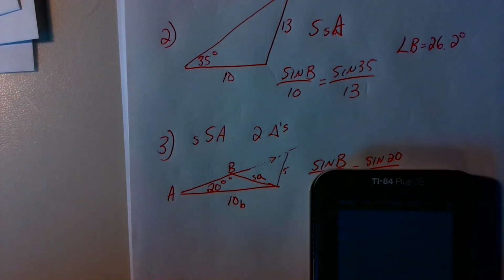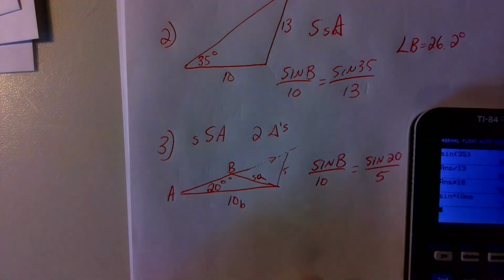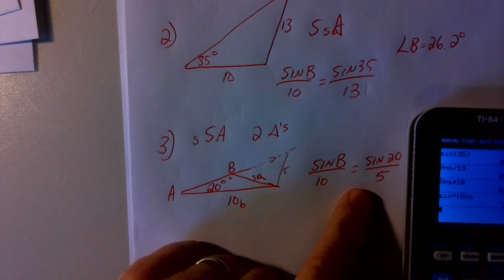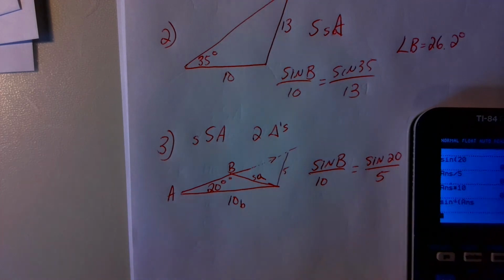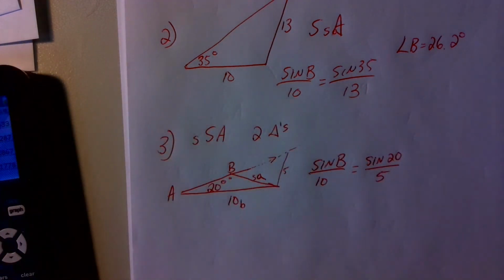Handy dandy calculator, back out again, turn this on. So I'm going to do sine of 20, enter, make sure you close parentheses or hit enter, one of those two, divided by 5, enter, times by 10, enter, and then sine inverse of that answer. And you can see that I got an angle of 43.16.